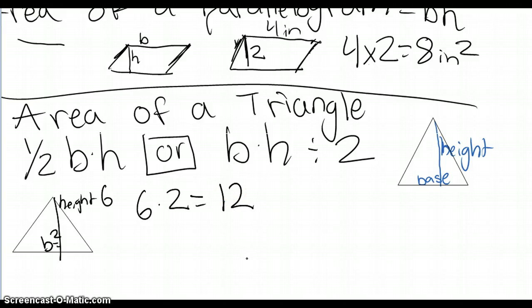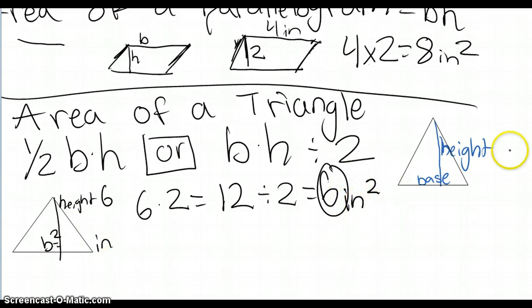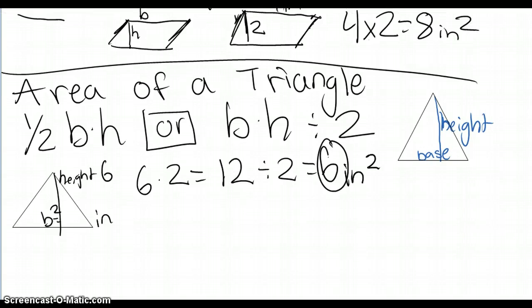But then you have to divide by 2, and you would get 6. If you did it the other way, 1/2 of the base times the height, it's the same thing. So this would be 6, and if this is inches, it would be 6 inches squared, not cubed.